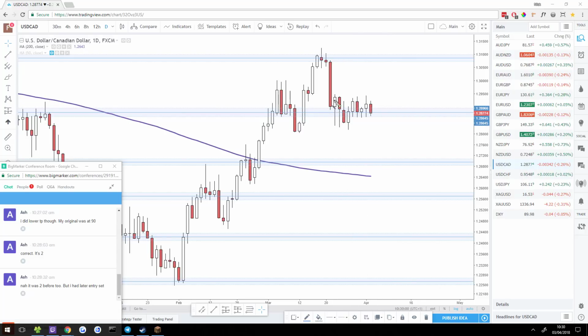These kinds of ranges, I've started trading them actually. These kinds of really tight ranges. I've started trying to develop an entry criteria for these types of setups. It's been pretty hit and miss, to be honest.